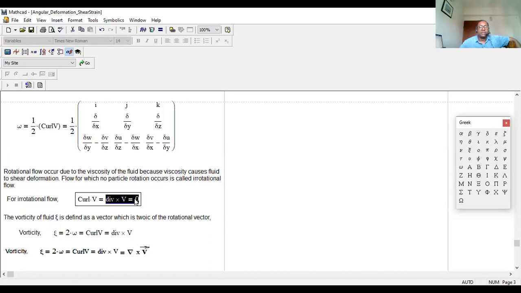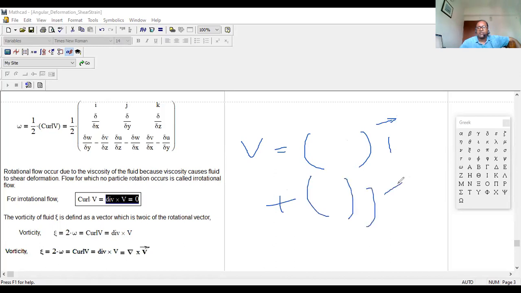So anytime I give you an equation, like the vector V of the fluid element is some function of x, y, z times i, then some function times j, then some function times vector k, you can figure out what is the small u, the small v, and the small w.